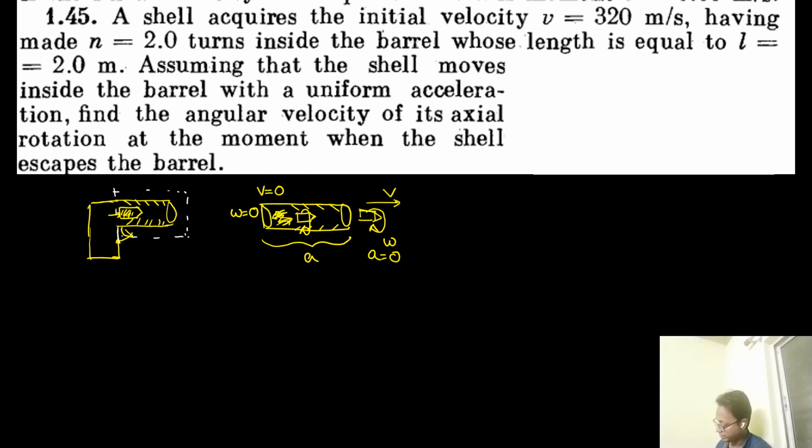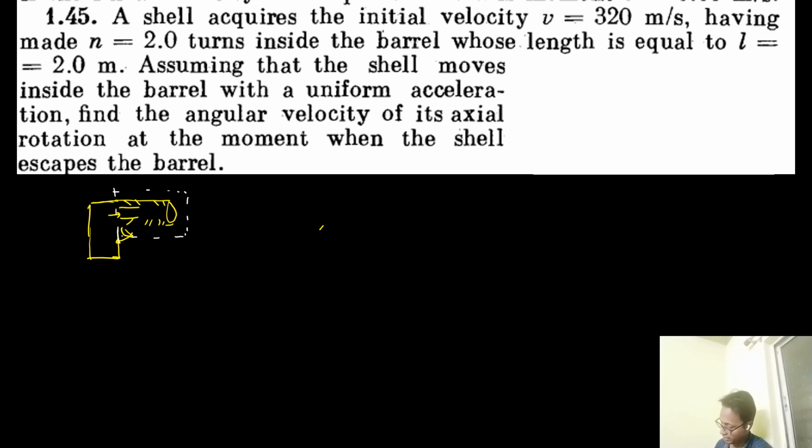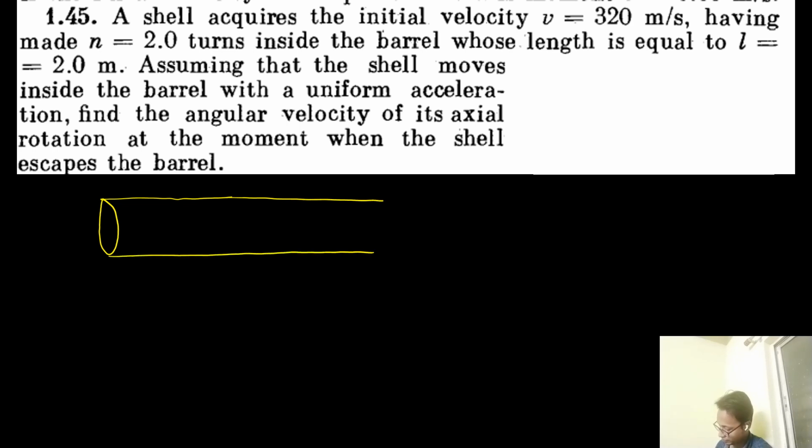Now let's read the question again. Let's rub this entire thing and read the question again. There is a barrel out here. I'm just drawing the barrel of the gun.